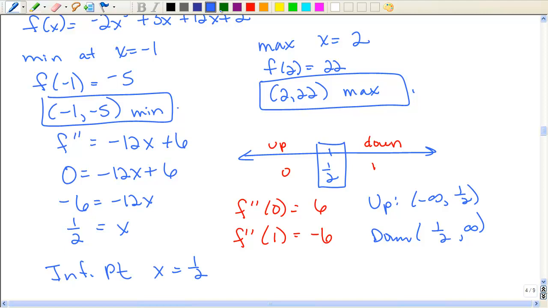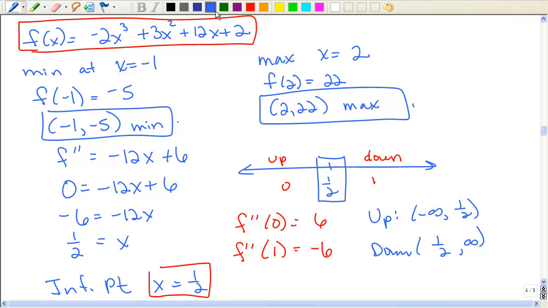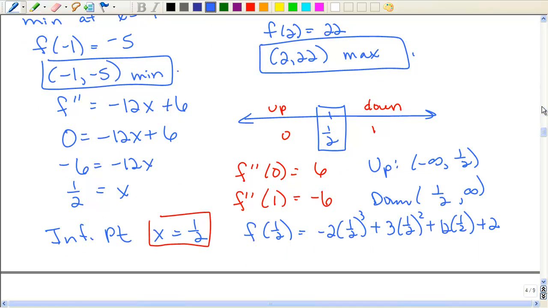Of course, I have to figure out the y value. So again, I have to go back up to the function and let x equal 1/2. And again, don't use decimals. Your calculator should be able to handle fractions. All right, so I have an inflection point when x is 1/2, y is 8.5.